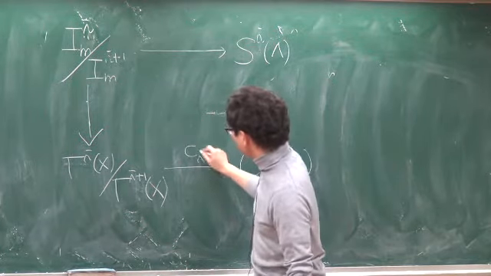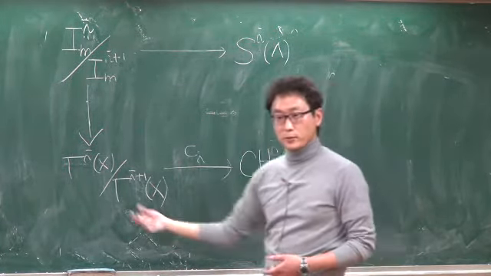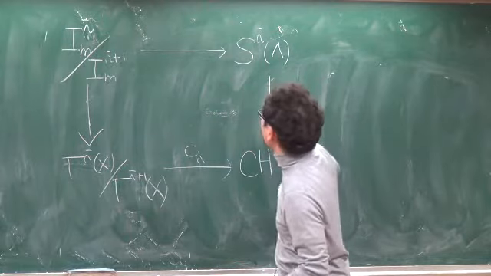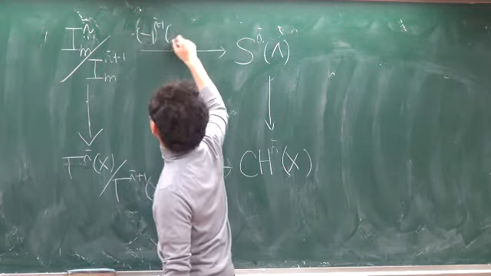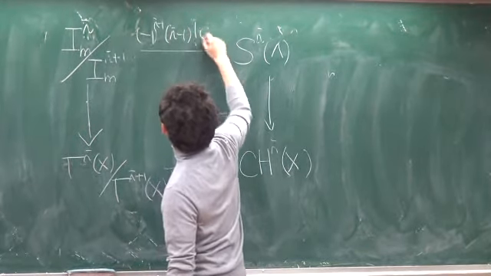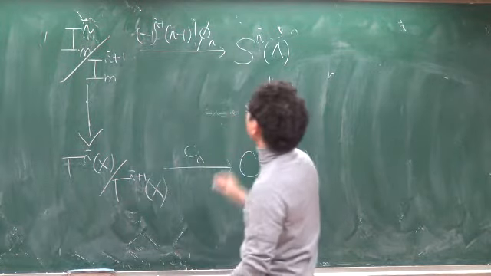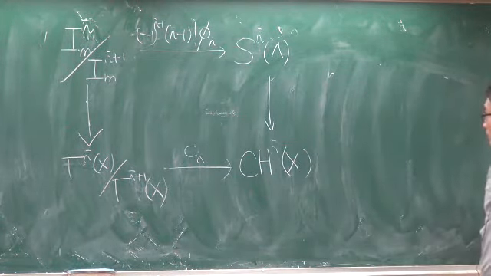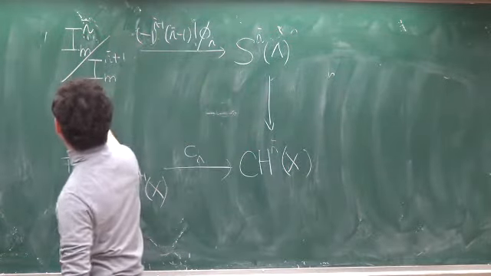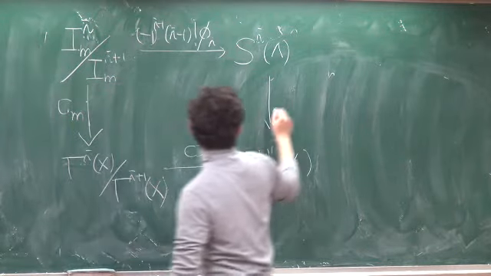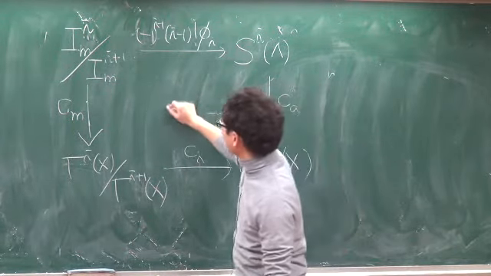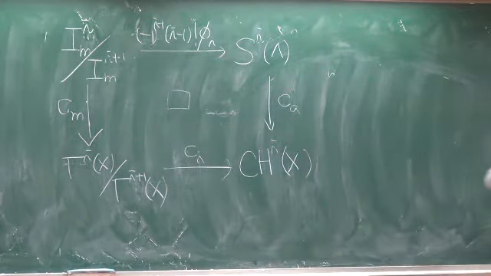And the Chern class map from the topological filtration induces this map. And the above map is just this number times the map phi of i. And these two maps are the characteristic maps, multiplicative and additive. And this is a commutative diagram.